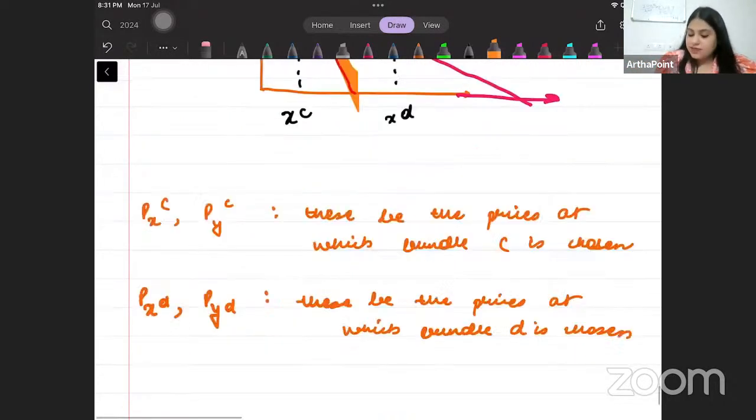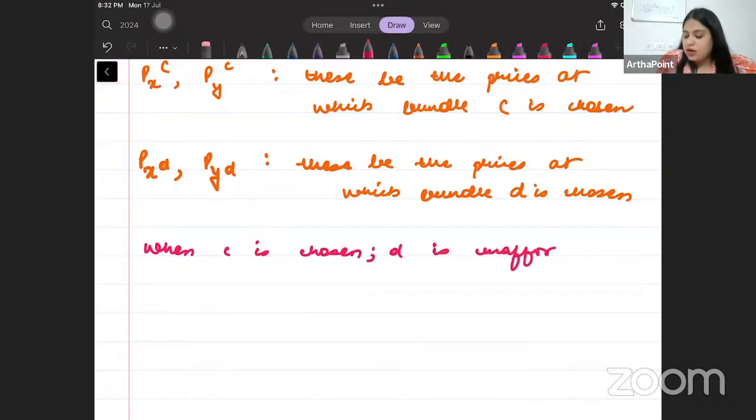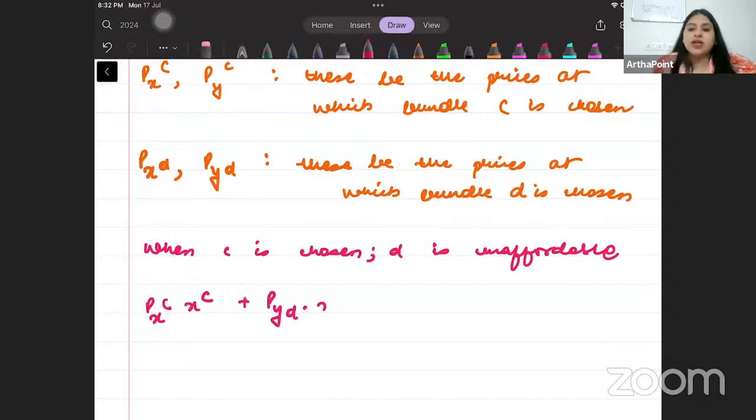So when C is chosen, D is unaffordable. उस prices पे D बहुत expensive है. So the prices at which C is chosen, उस पे जो हम C पे expenditure करेंगे, that will be less than the expenditure I do on bundle D.